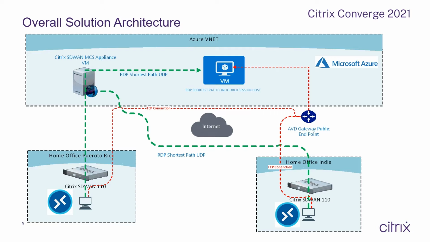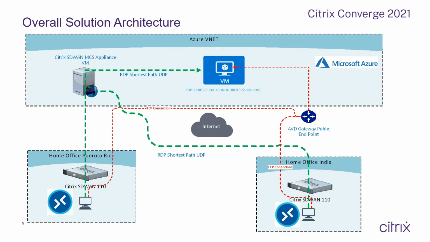In our solution, we have deployed the Citrix SD-WAN appliance as a virtual instance in Microsoft Azure to avoid the complexities and cost associated with Azure ExpressRoute or point-to-site VPN. With Citrix SD-WAN 110 devices deployed in the home user's location, it is easy to establish secure, reliable connections between the home office and the Azure VNets where Azure Virtual Desktop resides.